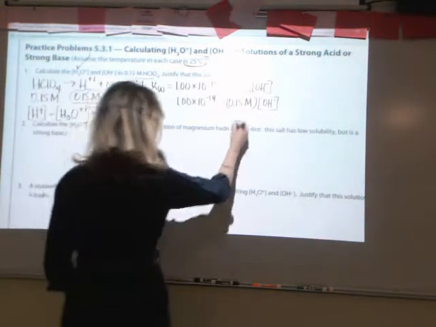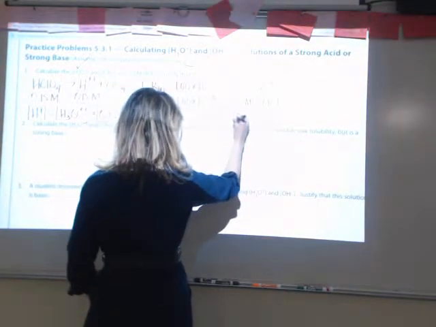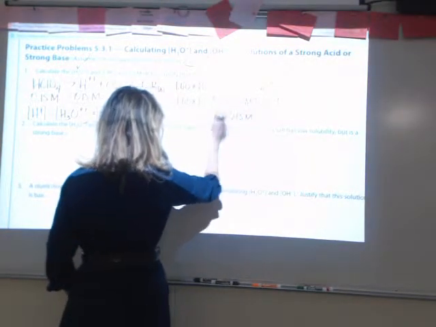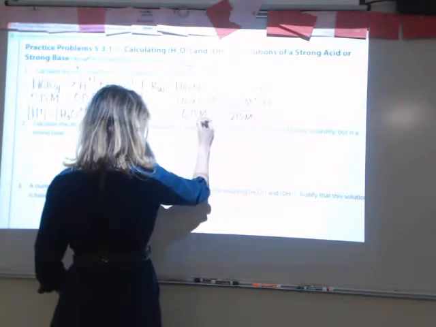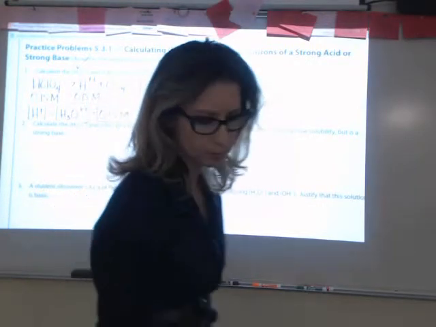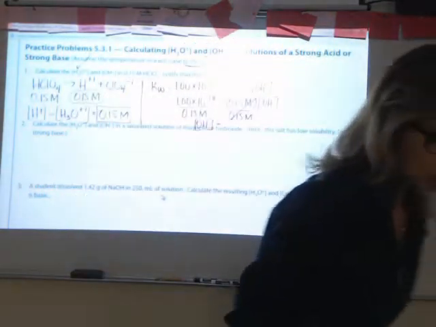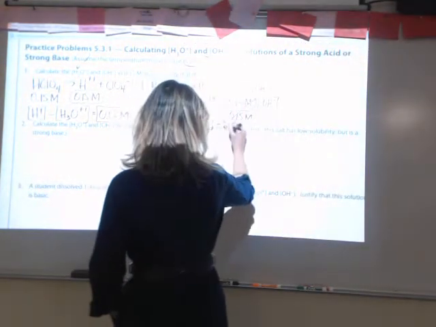So if I divide by 0.15 on each side, my hydroxide ion concentration will be 6.7 times 10 to the negative 14.